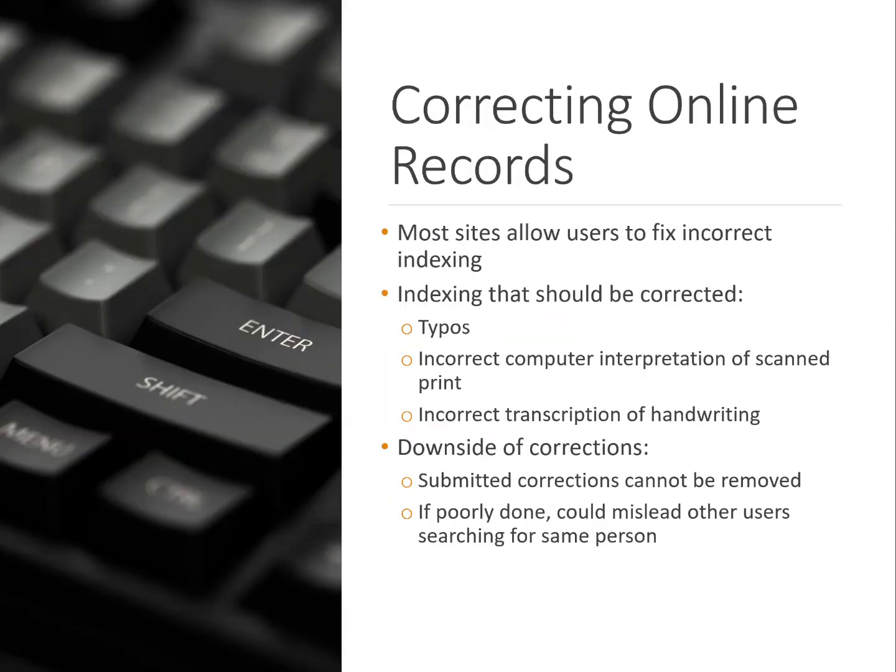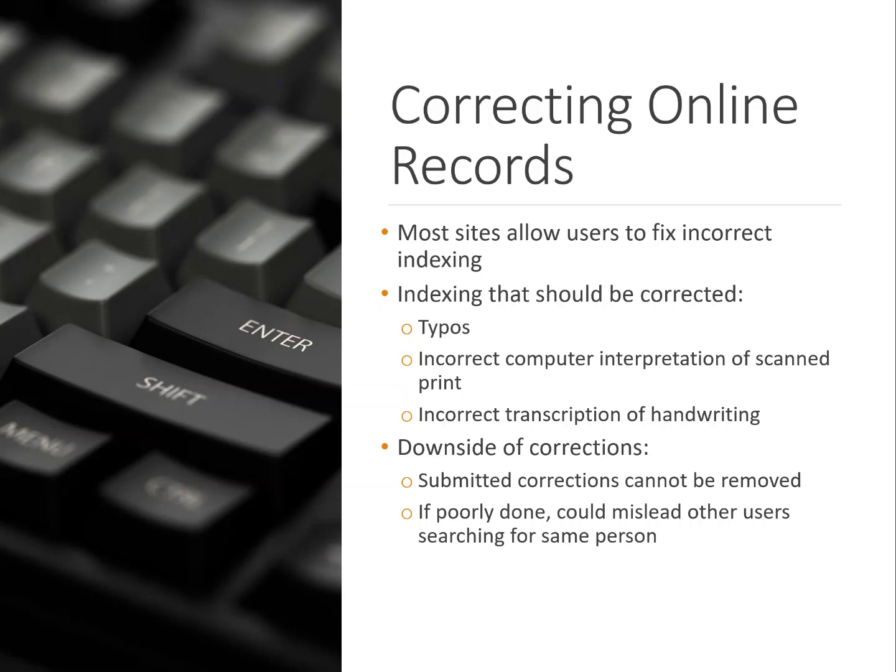So, in your searching, you're going to find that these online records occasionally have mistakes. They can be typos. Most likely, they're transcription errors. The person that was reading, like the census, looked at the handwriting and put the incorrect interpretation of the handwriting into the computer.